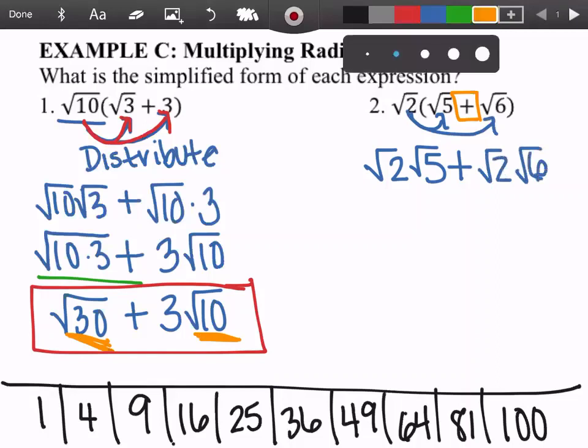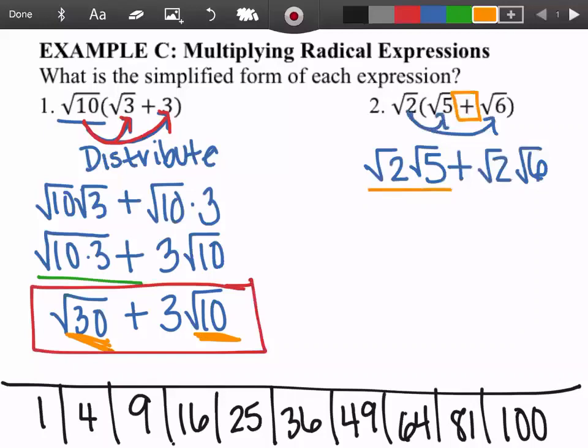We look at this first part of the sum, square root of 2 and square root of 5, they're both underneath the square root. So we can multiply them. We can do 2 times 5, which is 10, plus, and then square root of 2 and square root of 6 are both underneath the square root as well. So we can multiply those two together to get 12, because 2 times 6 is 12.